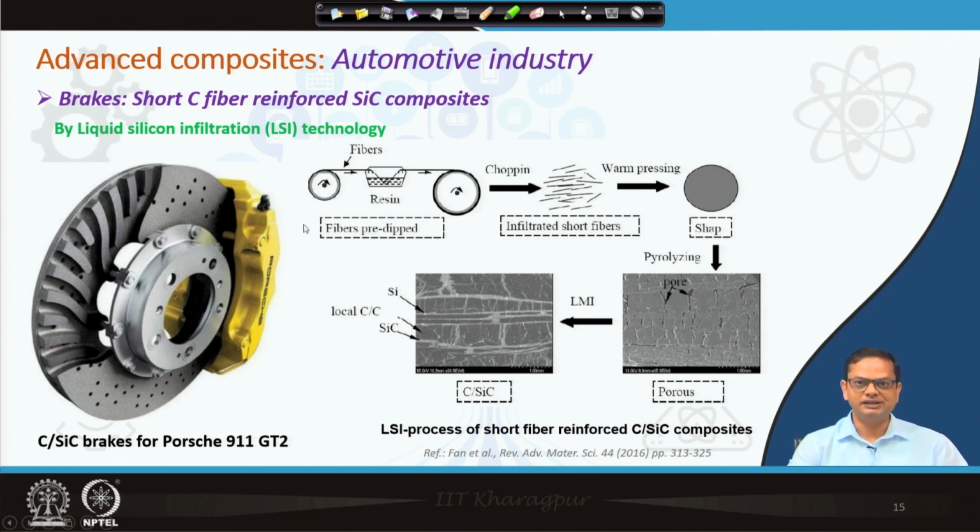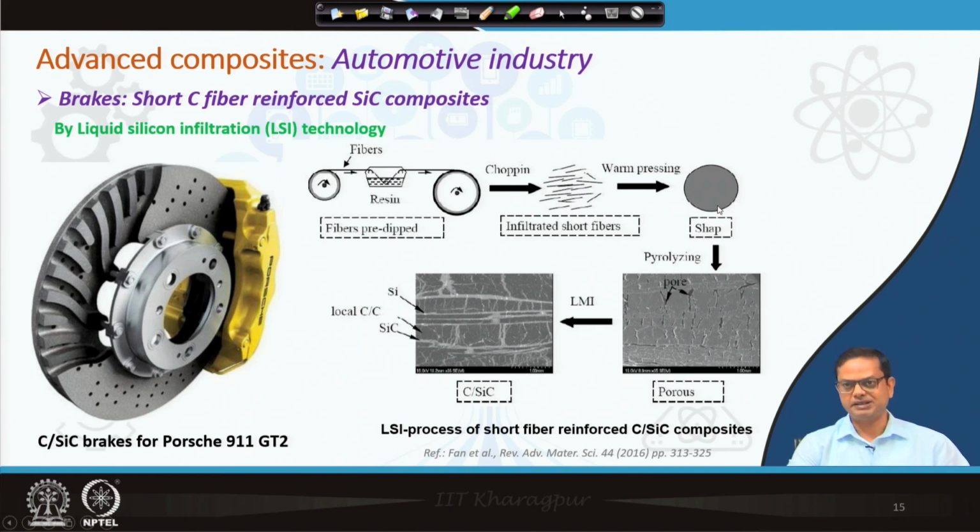How are these being made? Again, a very interesting process. As you can see, these carbon fibers go through a resin bath and get impregnated by the resin, and then they are chopped to make short fibers. These short fibers are collected and pressed at an elevated temperature.